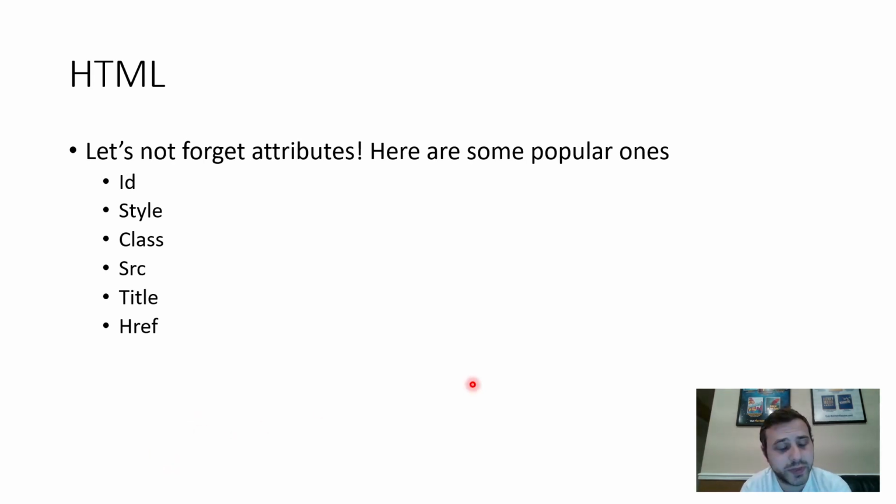And so within the tags, you actually can do attributes. And so I listed here some common attributes that I've used in the past, and that a lot of people use. The first one is ID. An ID is a unique identifier.